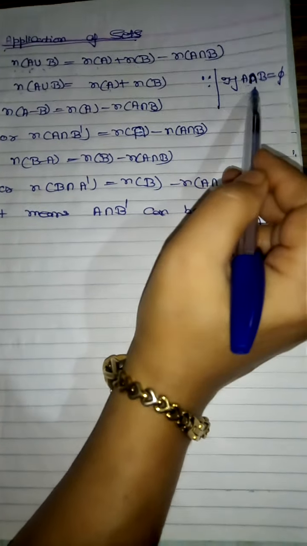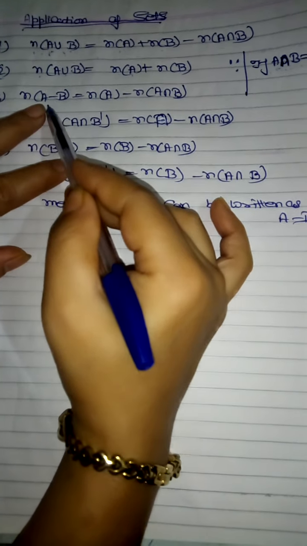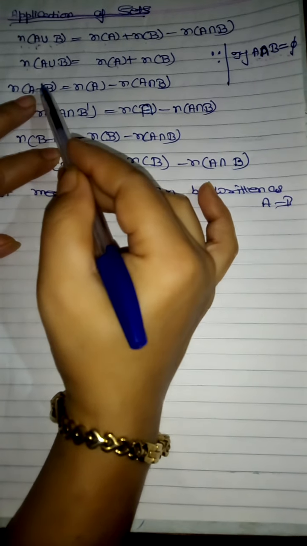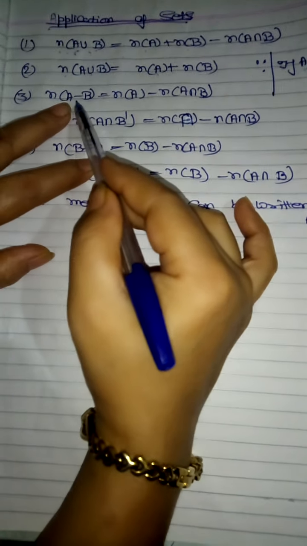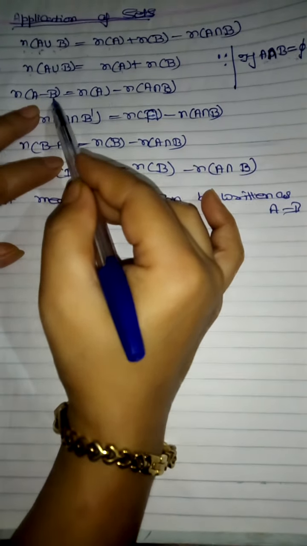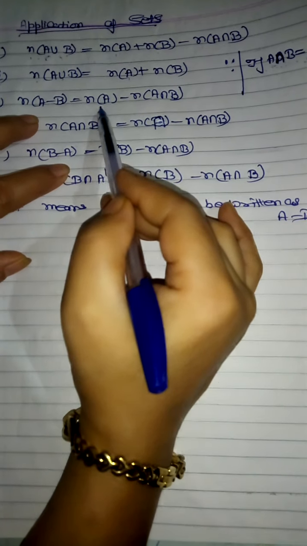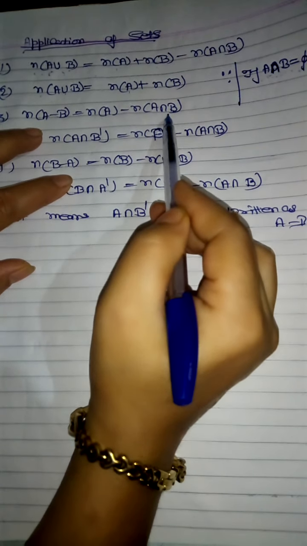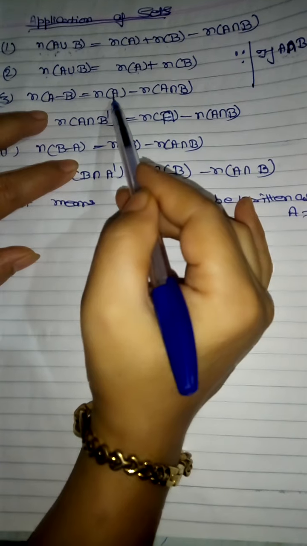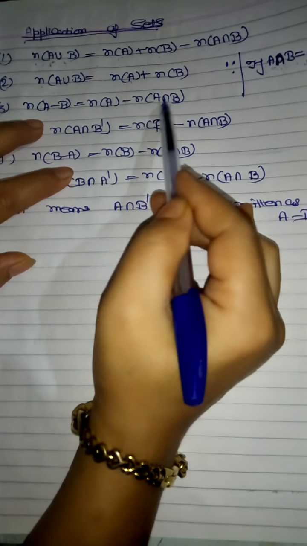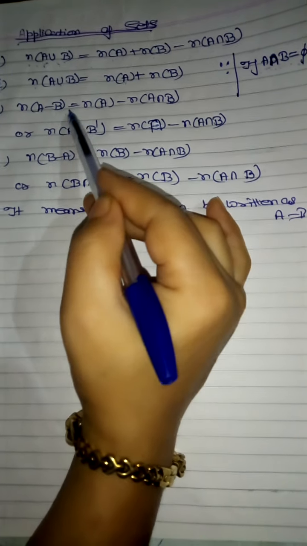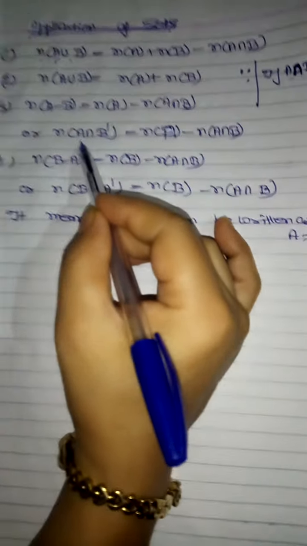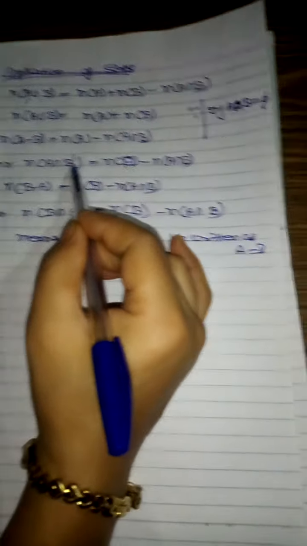The third one is n of A minus B, the difference between two sets, the number of elements in the difference of two sets. That is n of A minus B, equal to n of A minus n of A intersection B: the number of elements in set A minus the common elements between sets A and B. And A minus B we can also denote as A intersection B dash.